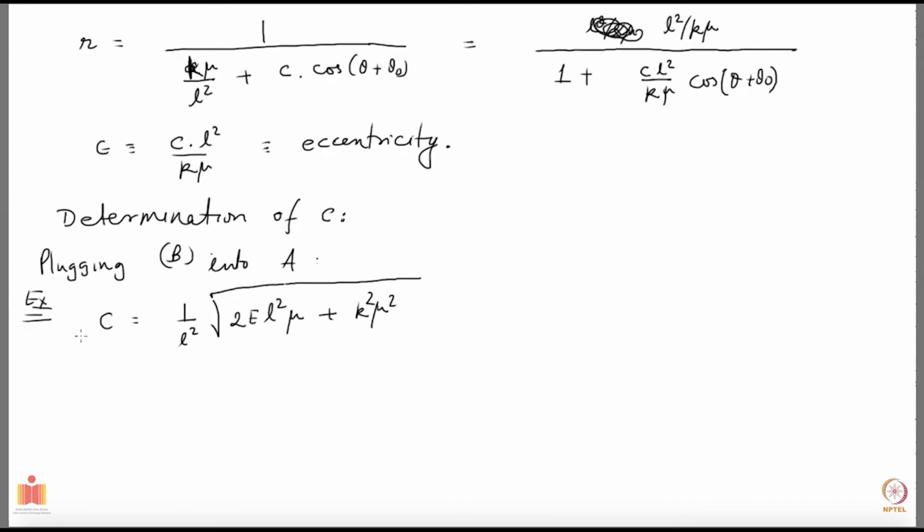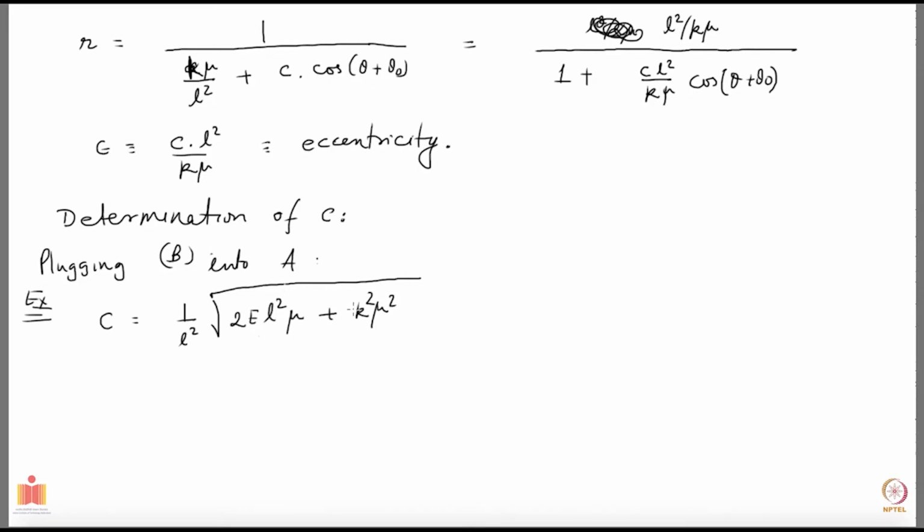All is good here with what I'm doing. This is my C, correct. So you see, this constant C is not arbitrary. It is completely determined in terms of your angular momentum, energy, and the mass of that particle in K. They have no freedom in choosing it, as you can in the case of a simple harmonic oscillator, but here it is completely constrained.